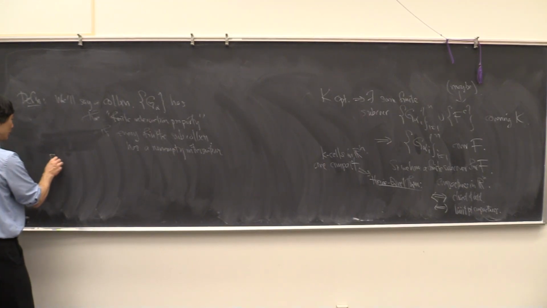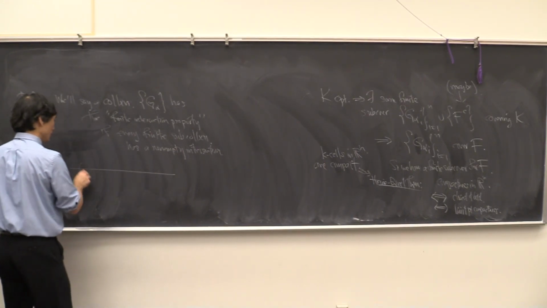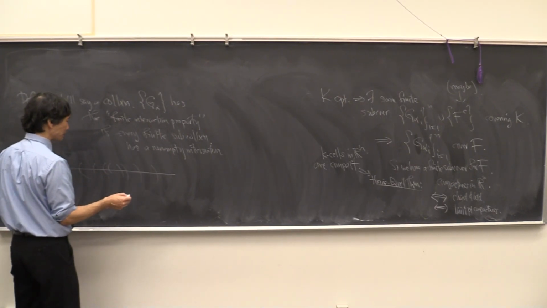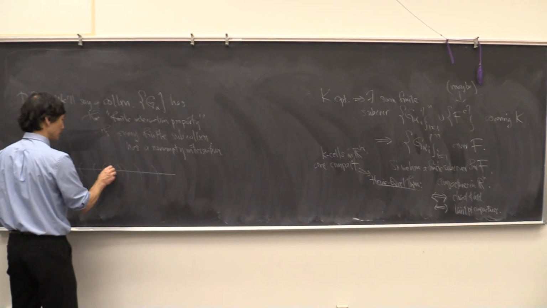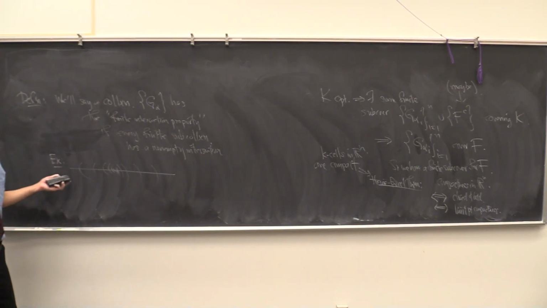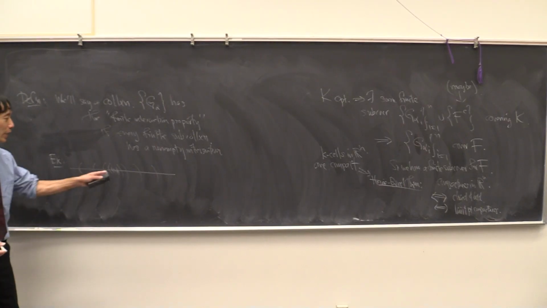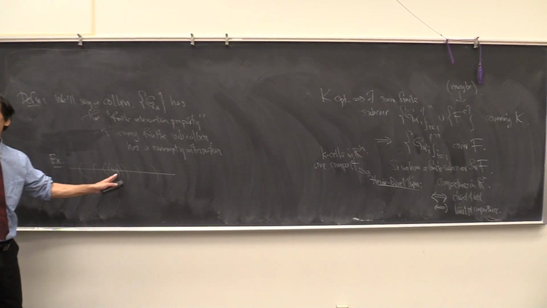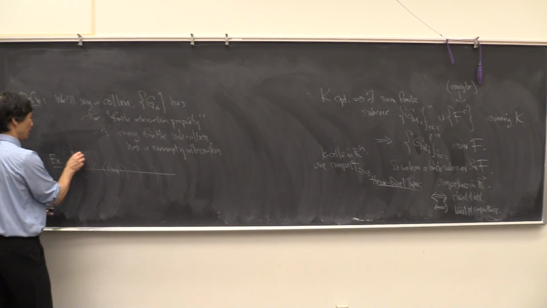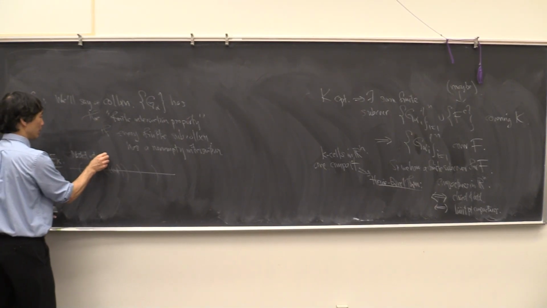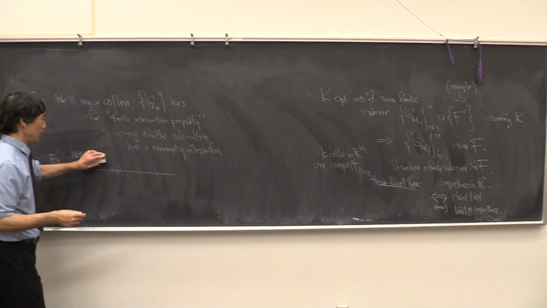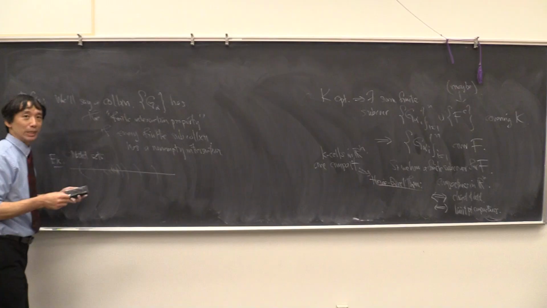So for example, if you have nested intervals, then when you intersect finitely many of them, you're just going to end up with the smallest one of them, right? And that will be non-empty. So nested intervals, or indeed any nested sets at all, as long as none of them is empty.